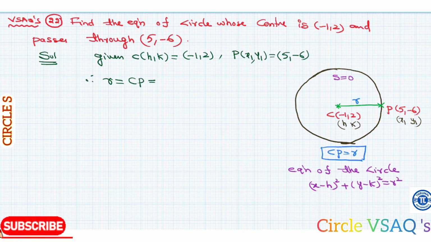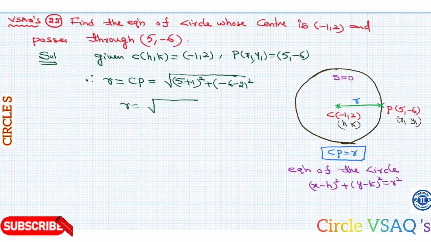CP is the distance between the center and a point on the circle. Using the distance formula, we get the radius: (5 plus 1) whole square, that is x2 minus x1 whole square, plus (-6 minus 2) whole square, y2 minus y1 whole square. So r equals root of 36 plus 64, which is root 100, equal to 10. So the radius is 10.